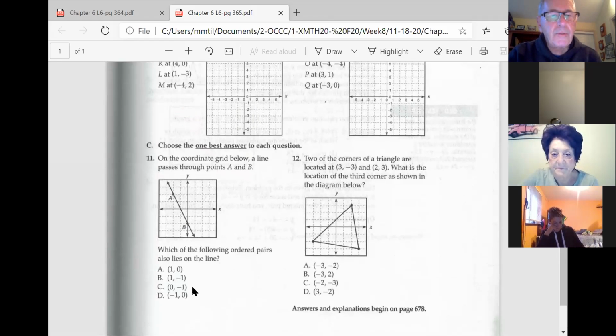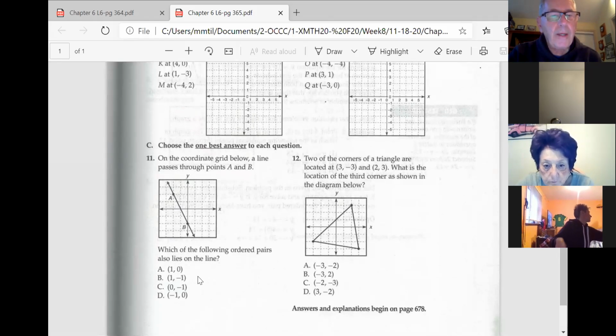And this one, we're just trying to find which of the following pairs are on the line, okay? So you have to look at this and see if any of these are on the line. Like number 11 wouldn't be the first one. It wouldn't be the second one. No, that would be 1 and minus 2.